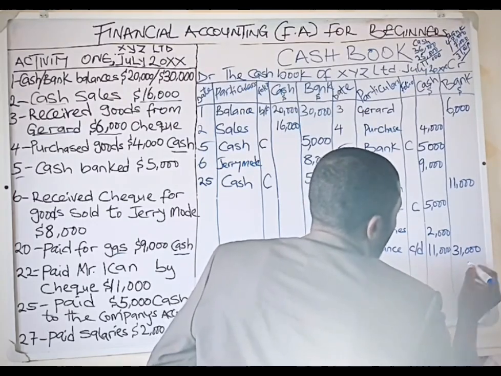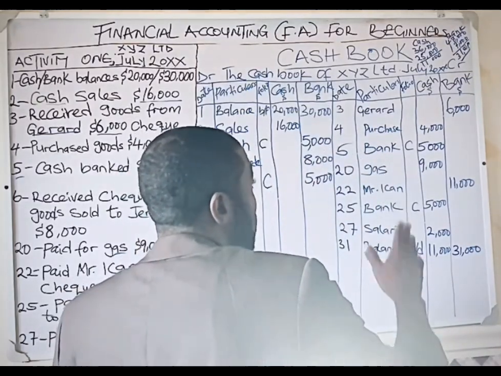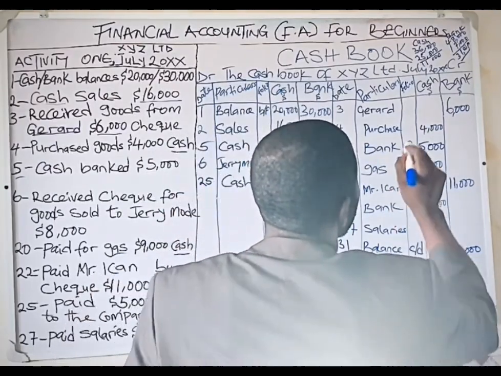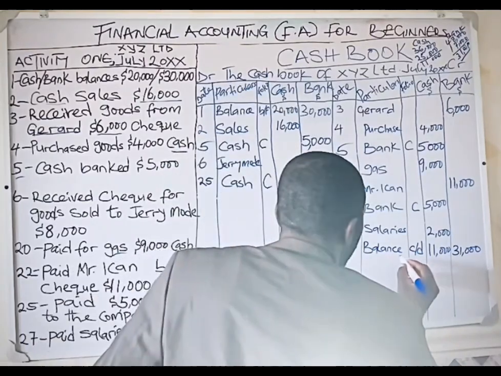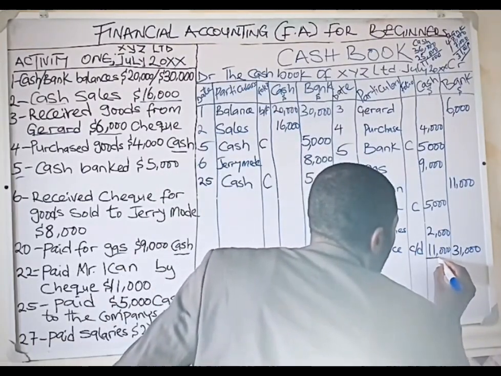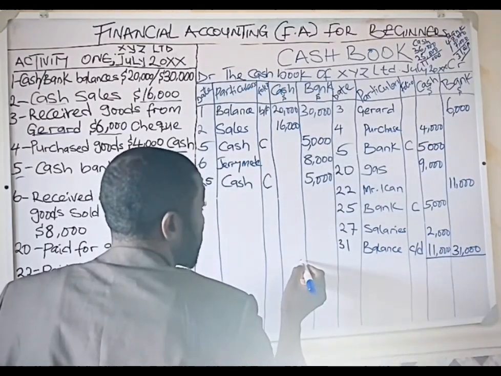So if you add it up, it will give you 48,000. Now let's do it. You do like this, in a straight line.